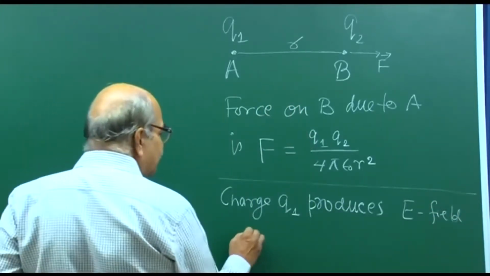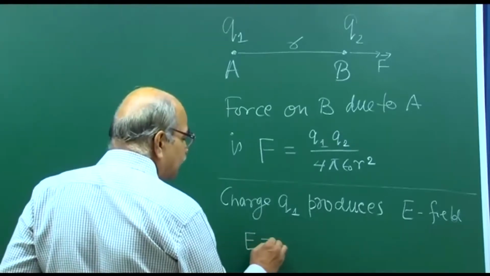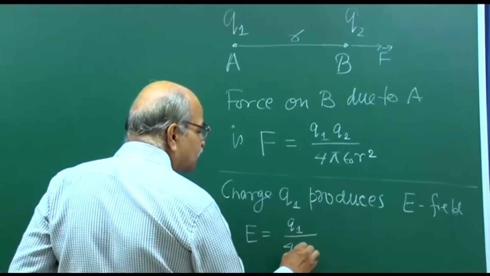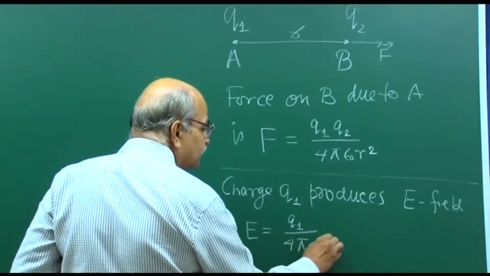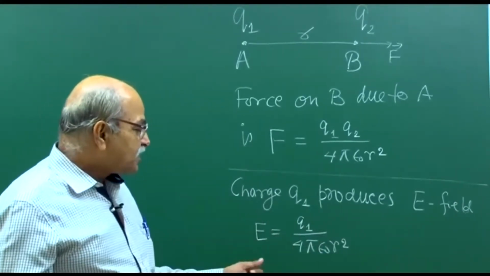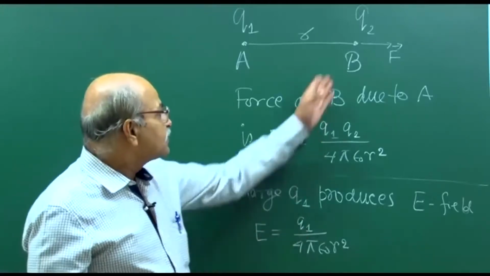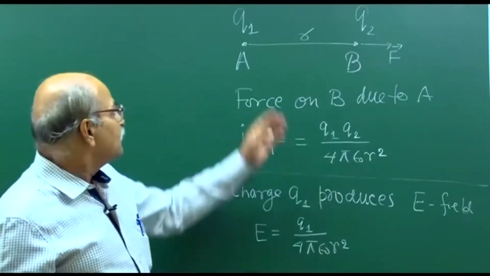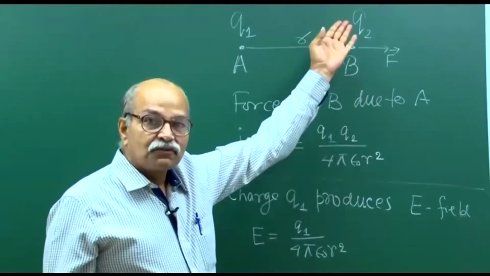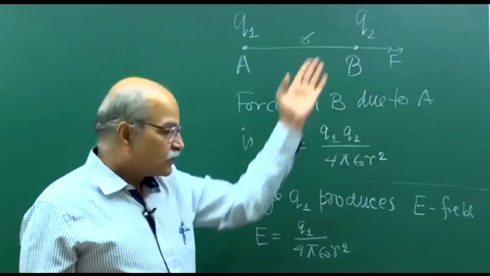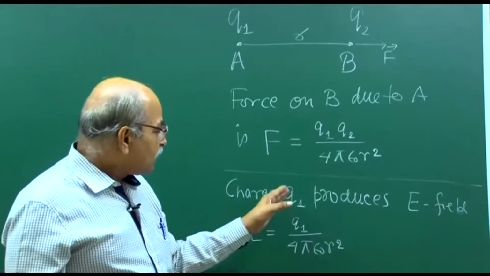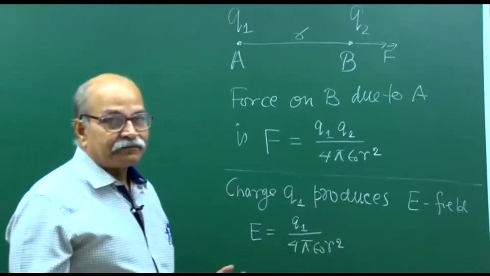So, the electric field is given by Q1 over 4 pi epsilon naught r square. And in which direction? If this Q1 is positive, it is away from A, away from that charge. If Q1 is negative, it is towards that charge. So, that is the rule for a charge producing electric field.